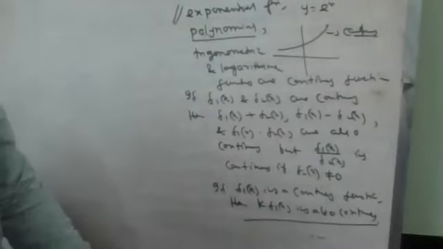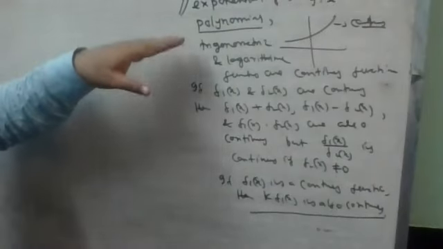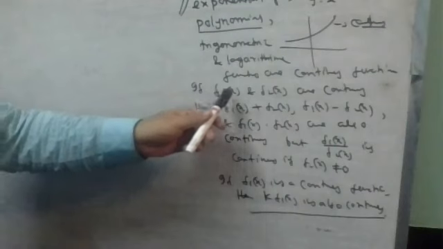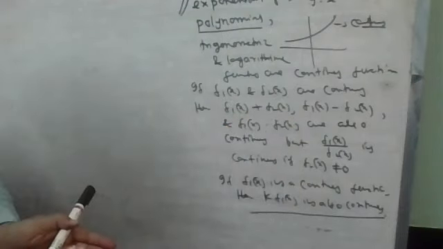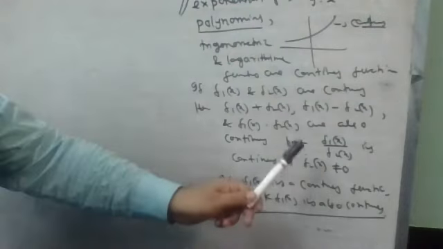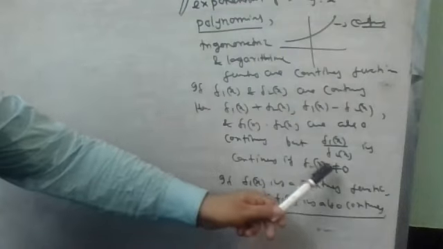So this property you just go through at a glance. In solving problems, this will really help you. In case of exponential, polynomial, trigonometric and logarithmic functions, the function is continuous. Addition, subtraction and multiplication of continuous functions are also continuous, but division needs one condition, that f2 is not equal to 0. A constant multiple of a continuous function is also continuous.